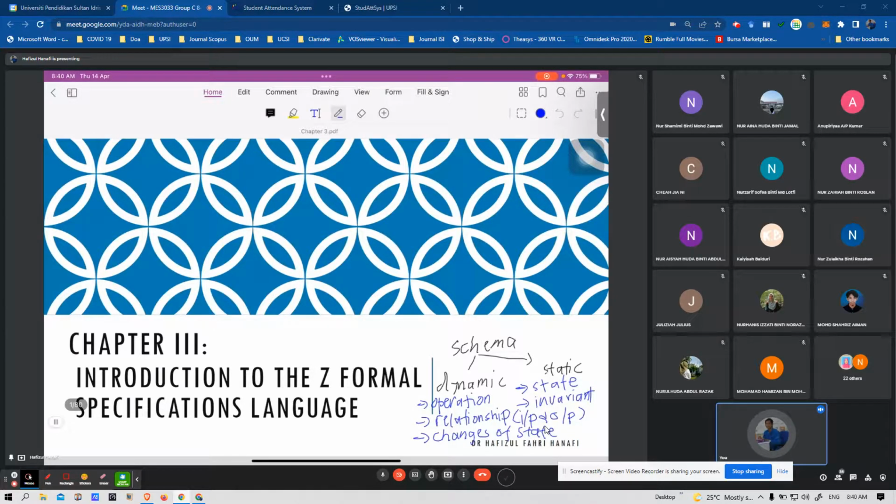The second component of Z notation is mathematical logic and set theory.